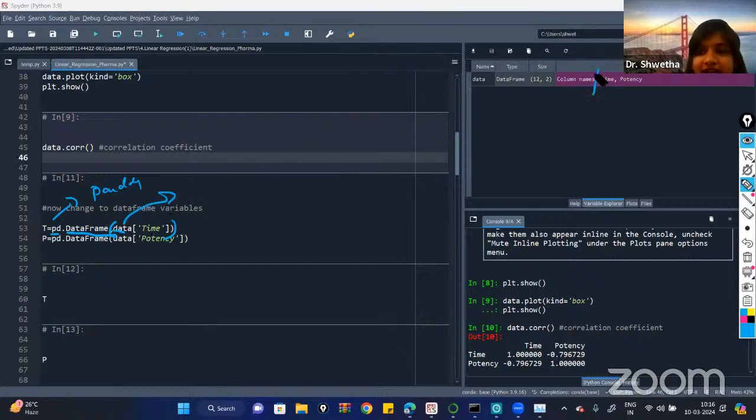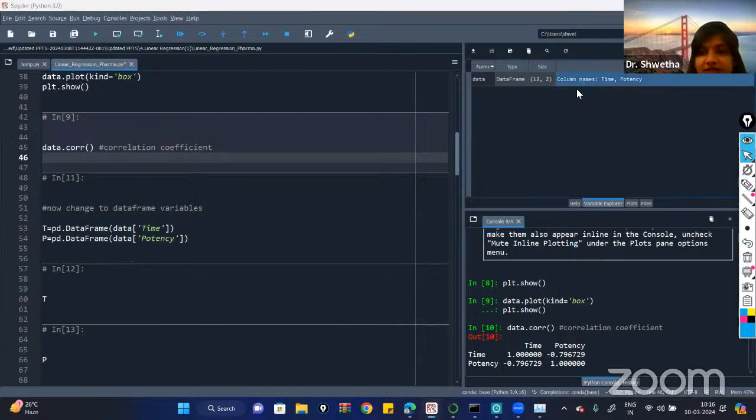From that, we are taking only the time column. data of time. We'll take the time column and store it in a data frame, and the name of this data frame would be T. The same thing, the potency column is taken from the data and converted into a data frame with the name P.